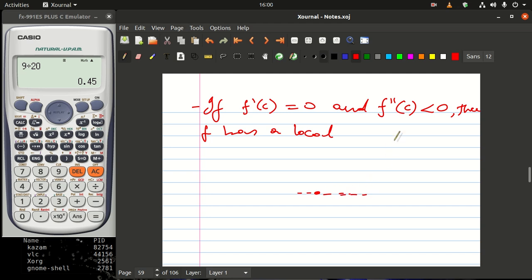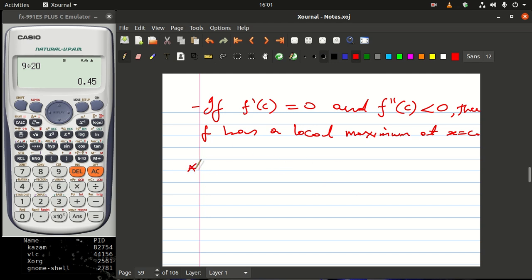There is no change. But the second derivative is less than 0. In other words, we have concave down, so the function is concave down like this. So this function has a local maximum at x is equal to c. That's what is important here. So once you go up, you will know that there must be a local maximum at that particular point.